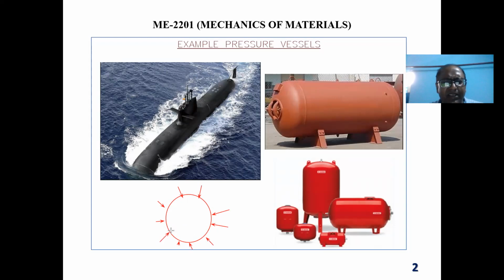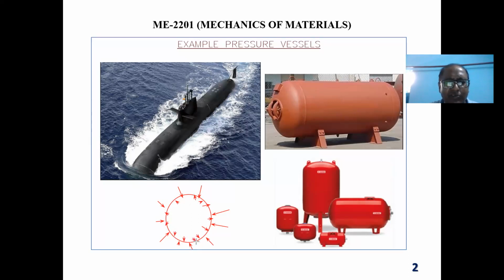Another thing is they still have some inside pressure. They keep about 14.7 psi, atmospheric pressure, because we live in atmospheric pressure, right? So you design a submarine, you need to make sure that it will not squeeze.